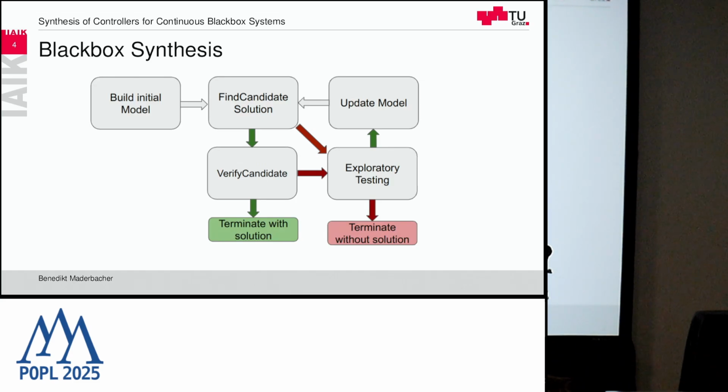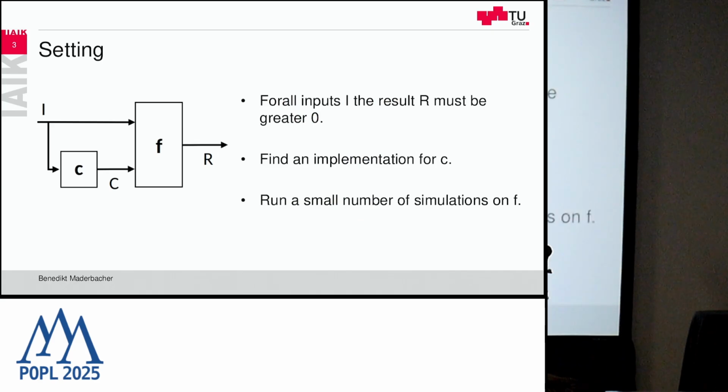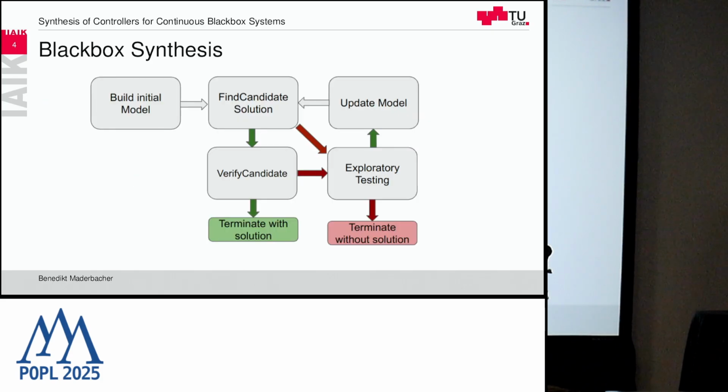Okay, so now you know briefly what we want to do. So how are we going to do this? We're considering a Blackbox synthesis. So we don't have a white box inspectable implementation of this function f, but instead we want to run simulations or executions on our function and then build a model that is targeted towards finding this control function.